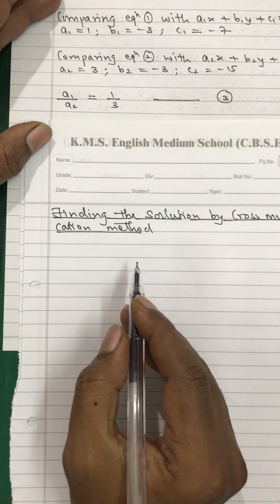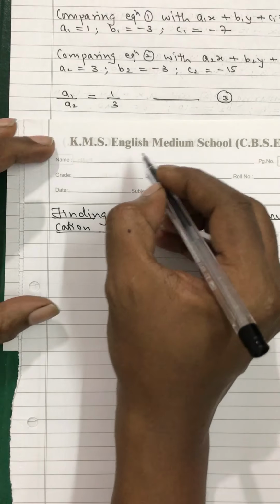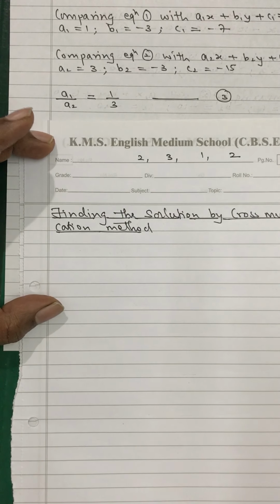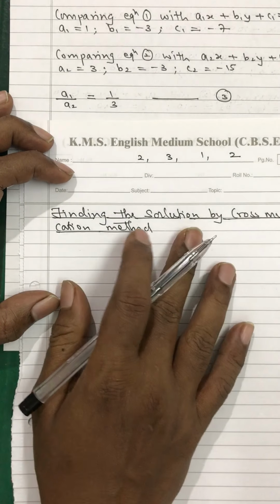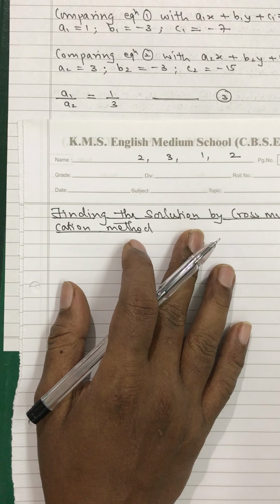So here now, A1, A2 we know, B1, B2 we know, C1, C2 we know. So we have to remember that we have to write it in the form of 2, 3, 1, 2. You should know all the three ways.